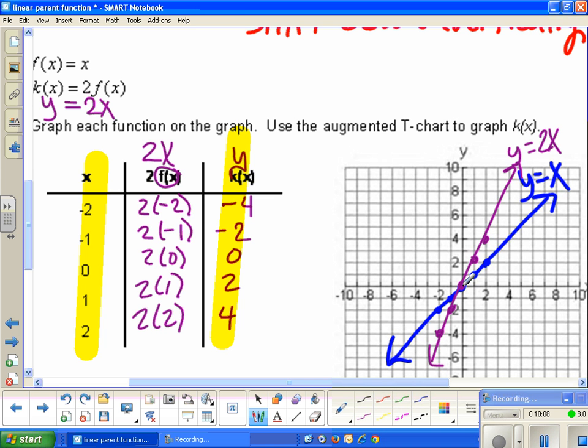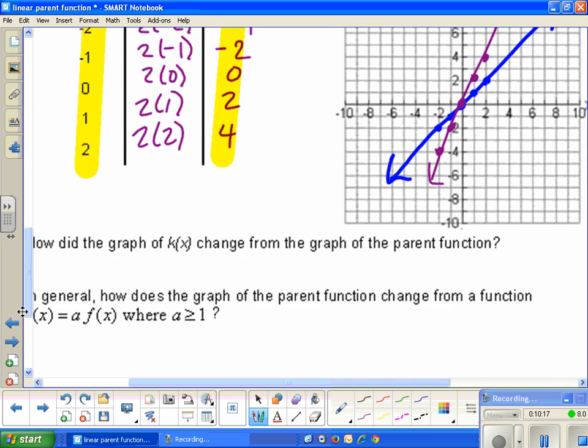Where do they cross over the y-axis? 0, 0. Is there anything being added to 2x? Zero.